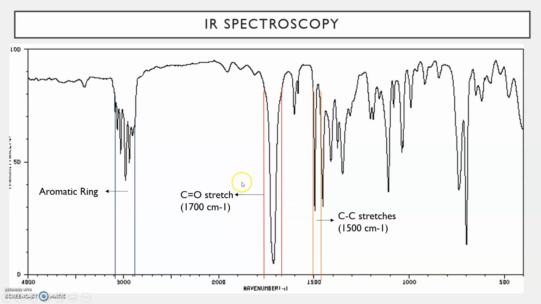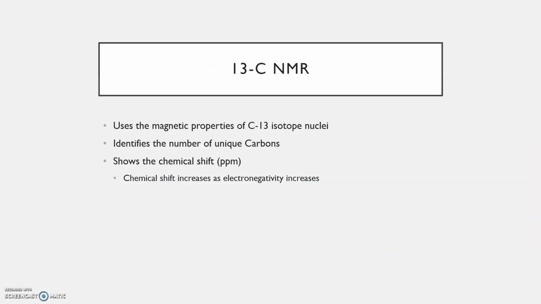This CO stretch is at 1700 cm-1 and is evidence of a possible carbonyl within the compound, which we did not know before, but now we do, and we'll keep an eye out for that. This CC stretch is good to know as well, knowing that there's going to be multiple carbon-carbon stretches, but doesn't tell us much more than that. So let's go to the next method to find out more.